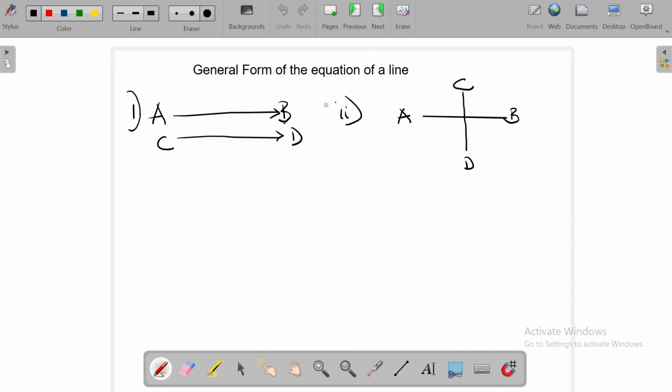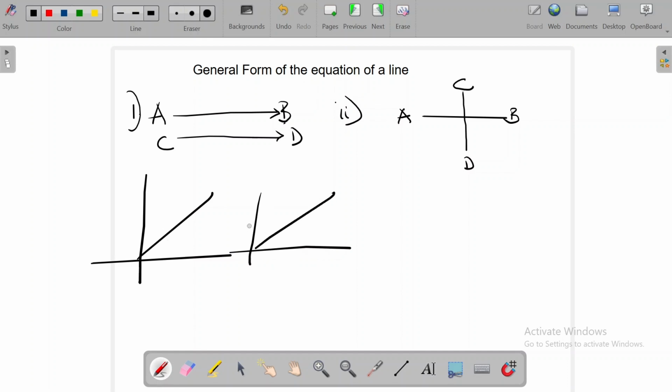Now we'll move to what we call the general form of the equation of a line. Just be patient. What this simply means is, if you have one equation of a straight line and another equation of a straight line, and these two lines are parallel.